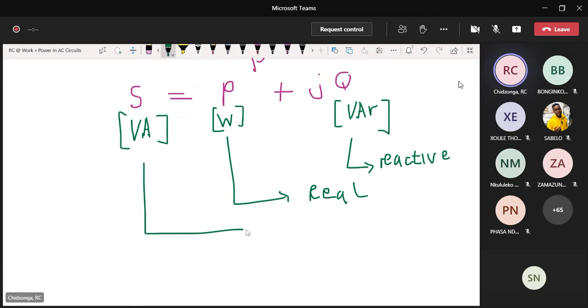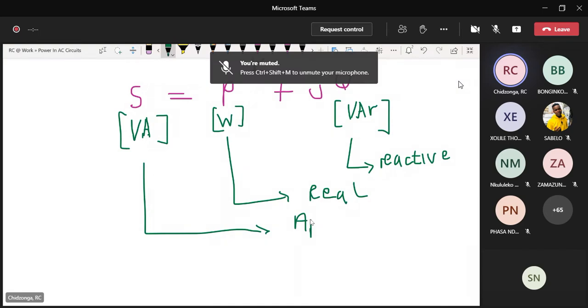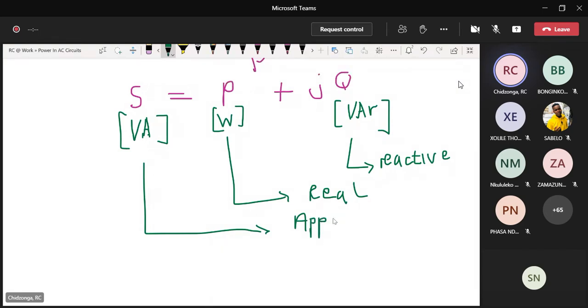And this part here is called apparent power. So there's reactive power Q, real power P, apparent power S.